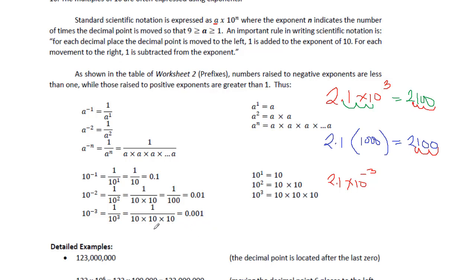It's easy in base 10, because when we divide by 1000, it simply means that we move the decimal 3 steps. What does 10 to the negative 3 mean?